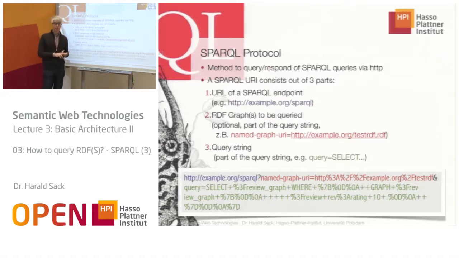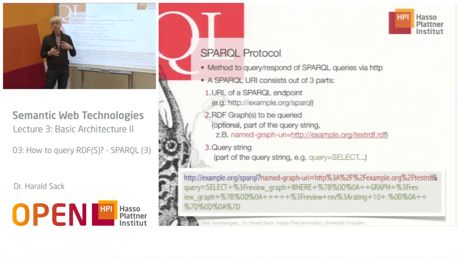So what you need to make a query to a SPARQL endpoint, first, of course, is the web address of a SPARQL endpoint. So you need the URL of the SPARQL endpoint. Then, you have to name all the graphs you want to query. And in the end, of course, you need the query string. That is the green one.